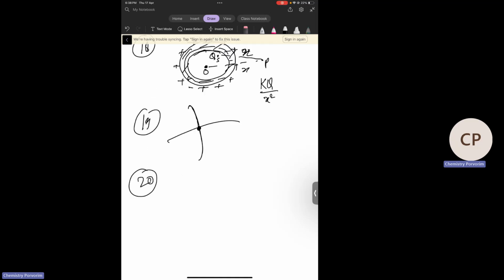Question number 20. A capacitor of capacitance 0.3 farad is charged to 10 volt by a battery. After removing the battery, this capacitor is connected to an uncharged capacitor of capacitance 0.6. The final electrical potential energy of the system. Okay, charge is conserved.